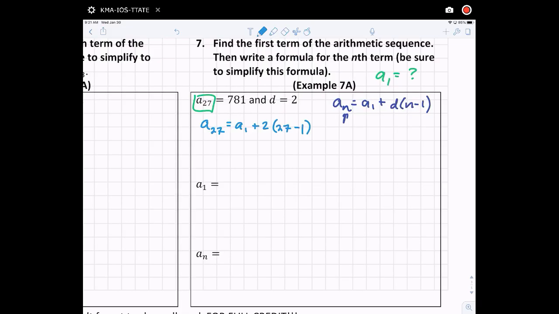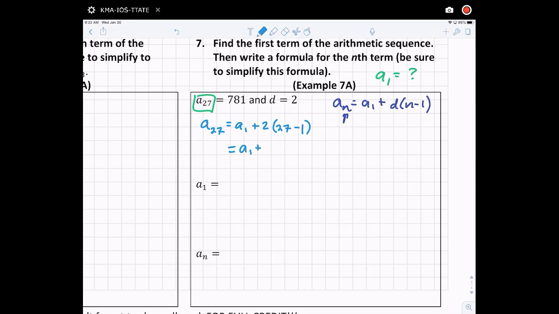Maybe some of you can do that in your head and just write 26. Good for you if you can do that. So you might even skip that step and just go a sub 1 plus 2 times 26. Oh, and I actually know what a sub 27 is equal to, right? What is it equal to? 781. Okay.